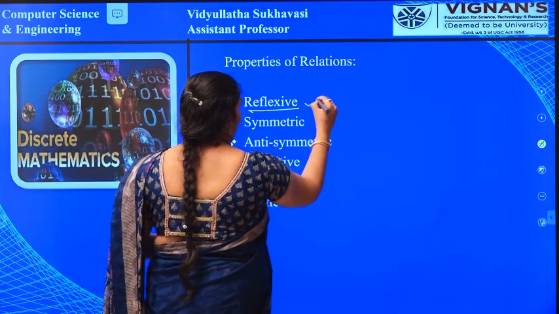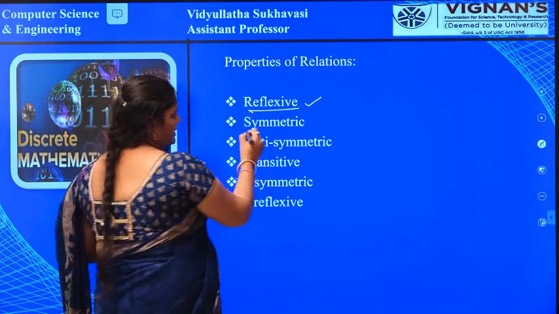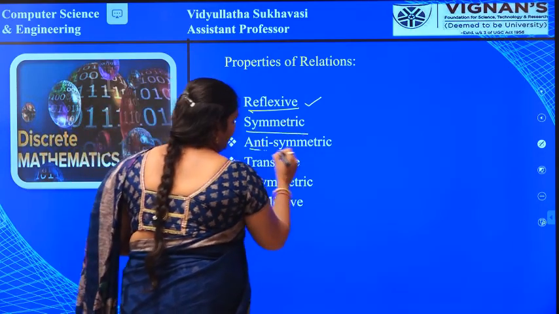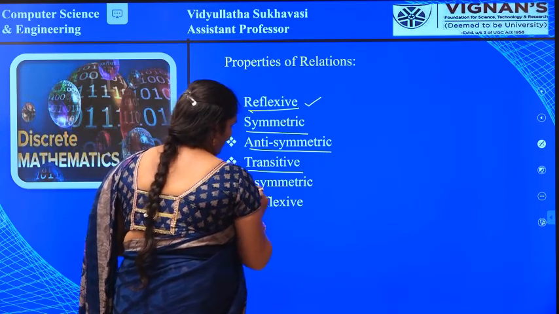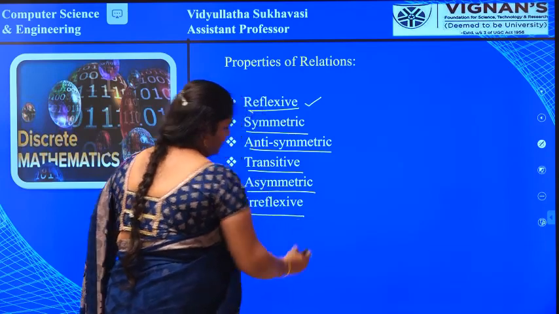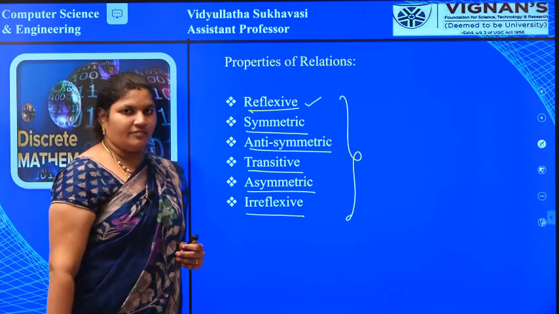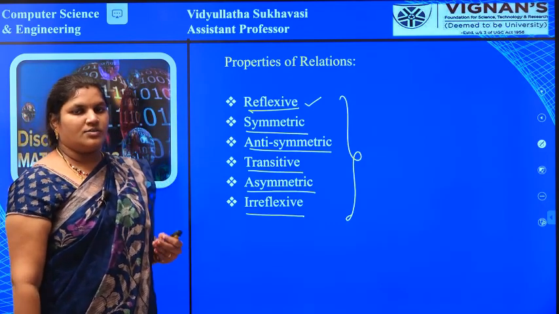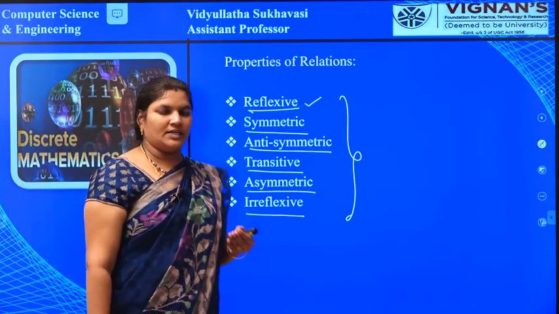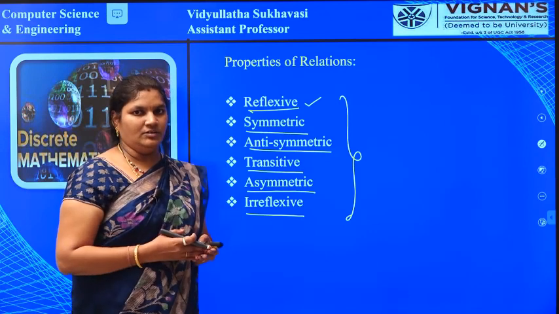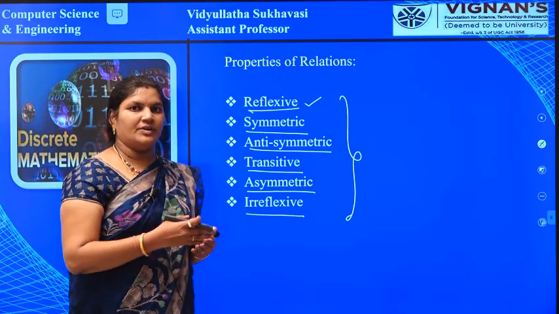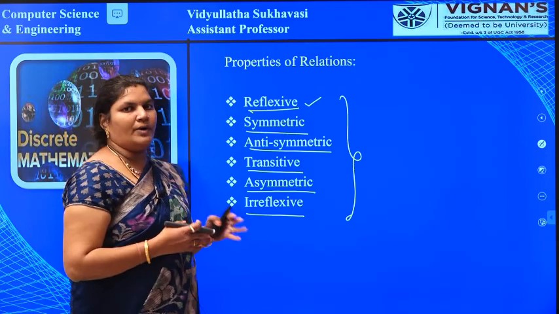First one is reflexive, symmetric, antisymmetric, transitive, asymmetric and irreflexive. These are the 6 properties we are going to check for the given relation R. They will mention a problem, that is, they will give a relation, and we need to check whether the given relation is satisfying the particular property or not.